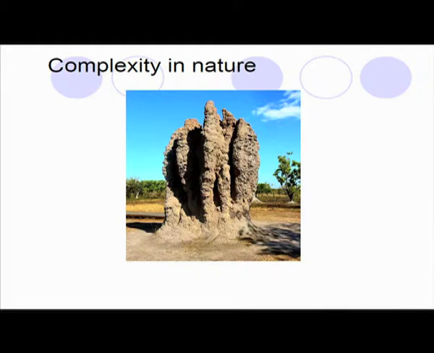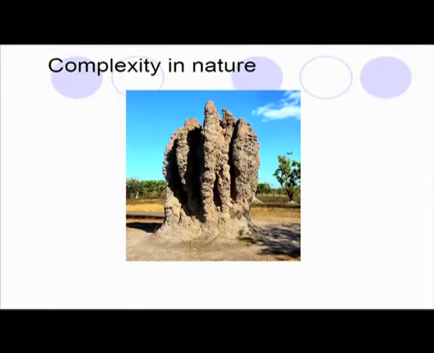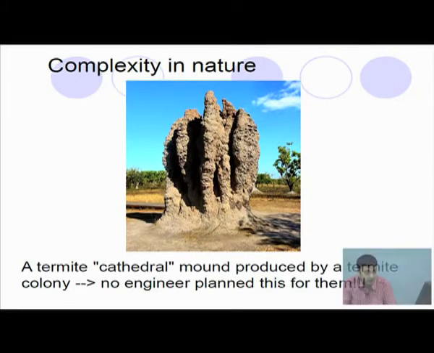Another example where you see complexity or complex things is this picture. It looks like a tree trunk, but it's actually not that. It is actually the termite cathedral. I guess all of you are aware of a termite cathedral.